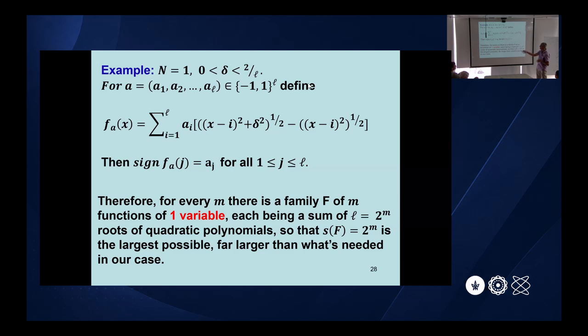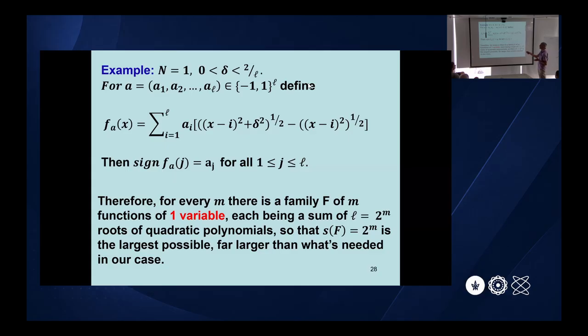Because of this, if you have a sum of differences of square roots that looks like this, you see that when you substitute here x equals i, this is delta, right? The square root of delta squared, and this is 0. So this is delta. And for each of the other i's, this would be much smaller, close to delta squared. You can complete it yourself by just writing that or using the mean value theorem.